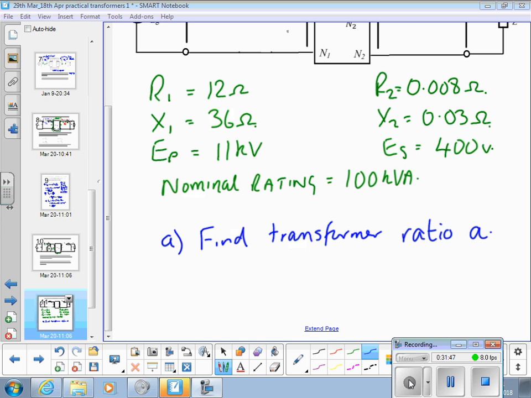If it's a step down, is A going to be a whole number or less than 1?